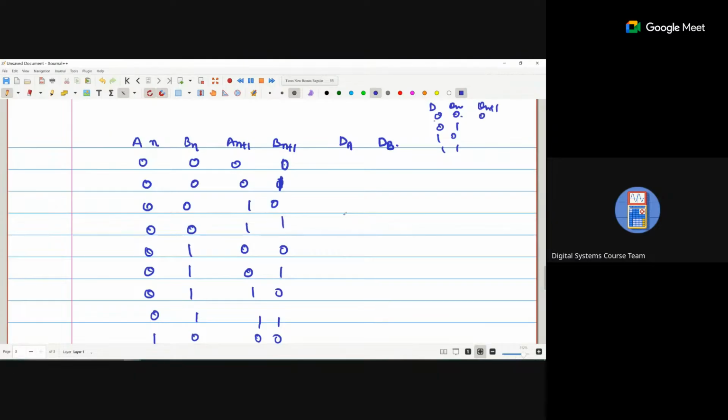If D is 0, we are getting 0, and D is 1, we are getting 1. According to the excitation table, for Qn and Qn plus 1, 0 0 gives D 0, 0 1 gives 1, 1 0 gives 0, and 1 1 gives 1.